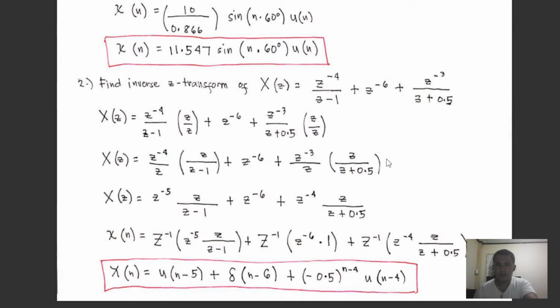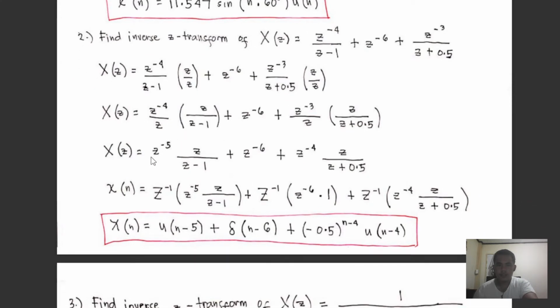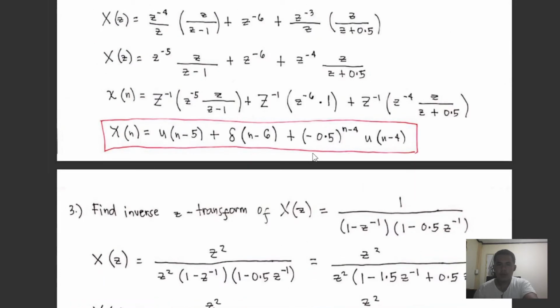The next step is to simplify the following, which is equal to z raised to the power of negative 5. Also this and this simplify to z raised to the power of negative 4. The next step is to find the inverse Z transform of the following.